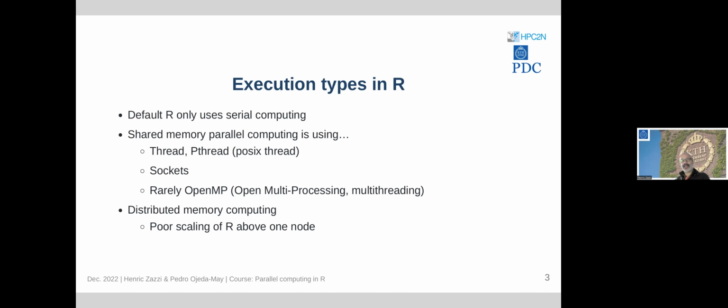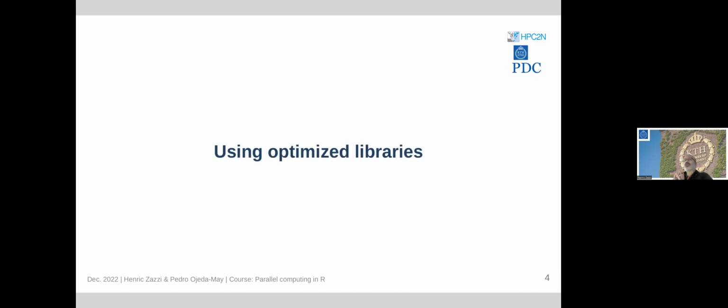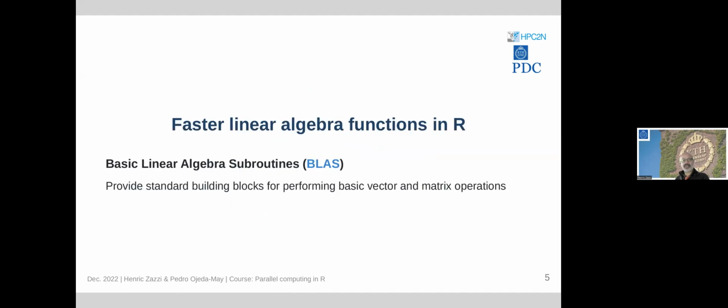But let's go through using optimized libraries. Why I want to mention this is that this is a very easy way to, instead of parallelizing all your functions, use optimized libraries, and you don't have to do anything in your code, but you can get a lot faster computation.